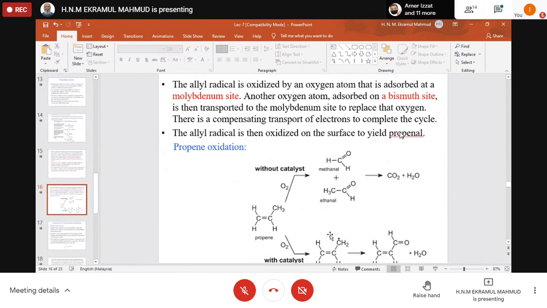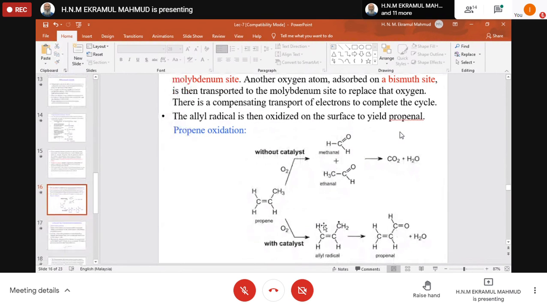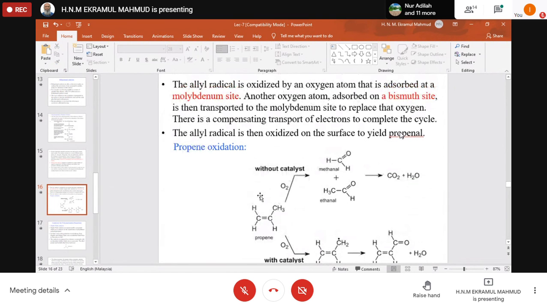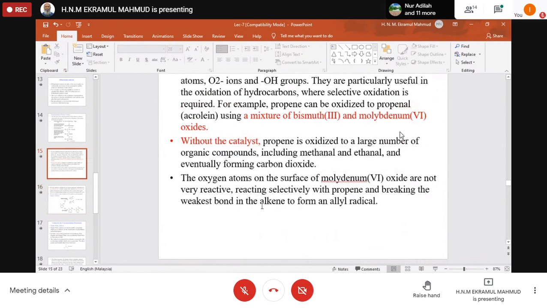It is attached in such a way that it can produce the products and leave the catalyst surface. Can you follow?